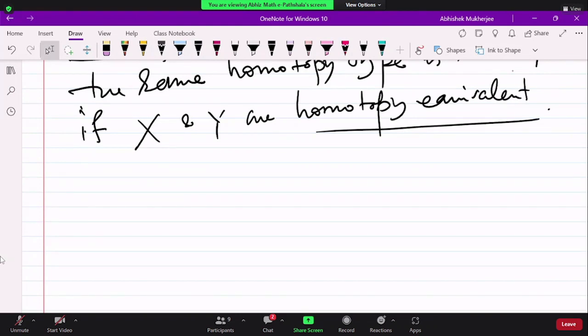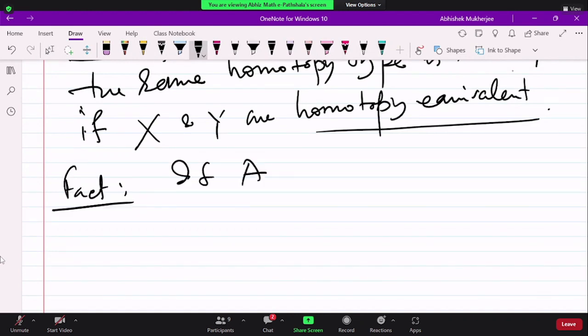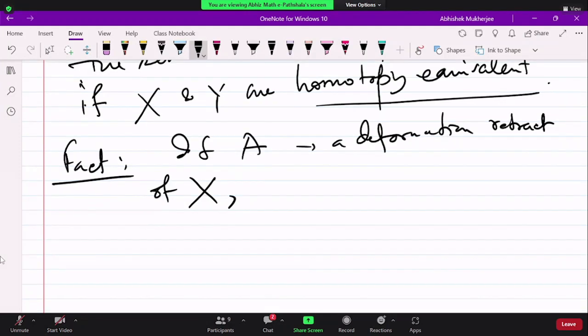Now, using this notion, let's move back to the notion of deformation retract. Suppose A is a deformation retract of X. Then what can be said about A and X?